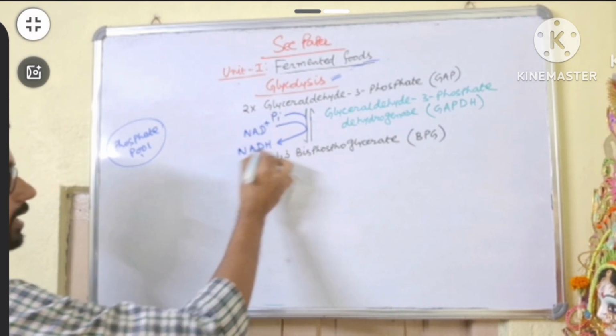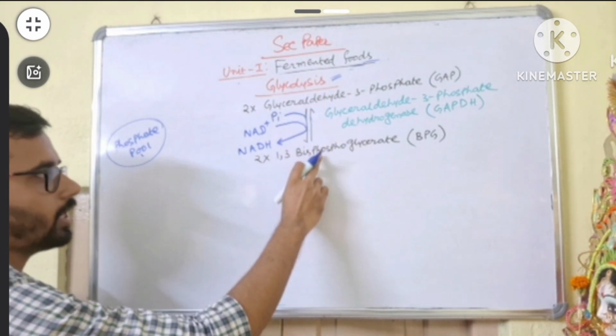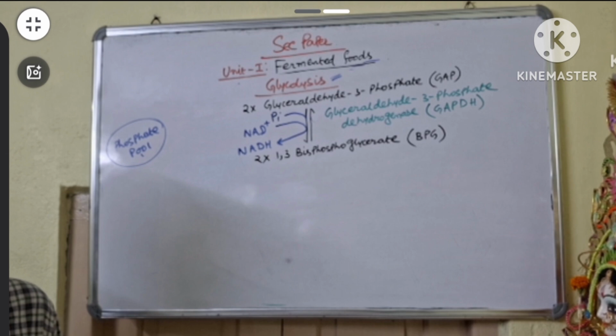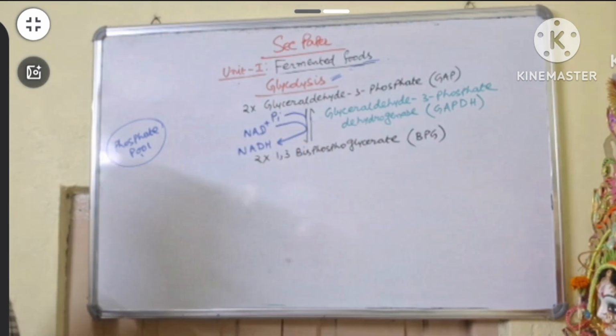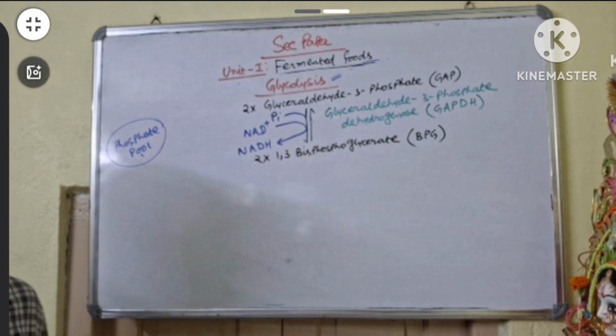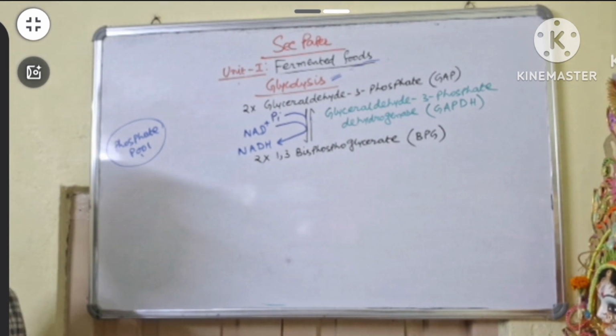That means NAD plus is reduced, and the substrate glyceraldehyde 3-phosphate is oxidized. So it is a critical reaction because phosphate is added, and the product is also oxidized. For the oxidation, NAD plus is required and it is reduced.